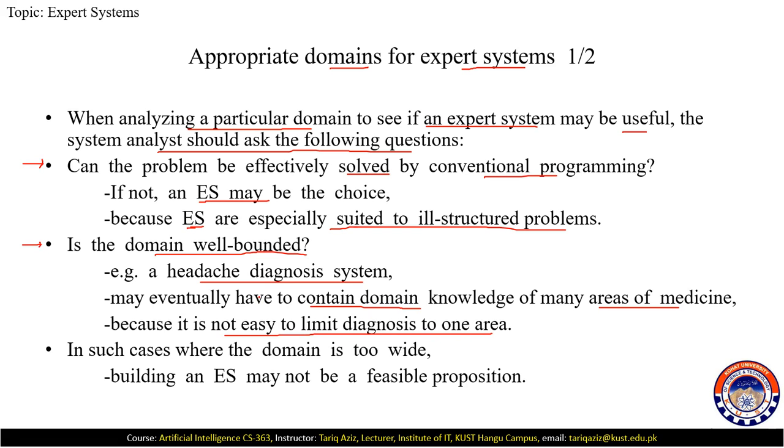So to summarize, if the domain is well bounded, then we can develop an expert system for that. But if the domain is not well bounded, we cannot develop an expert system. Okay. Now, with respect to the second point, it says that in cases where the domain is too wide, building an expert system may not be a feasible option, as we discussed a couple of minutes before.